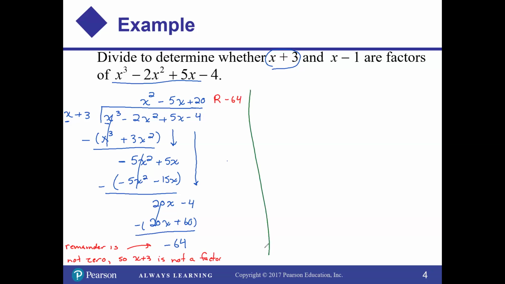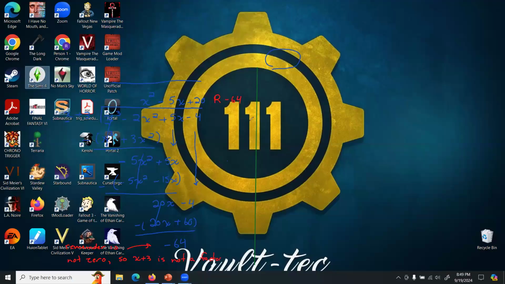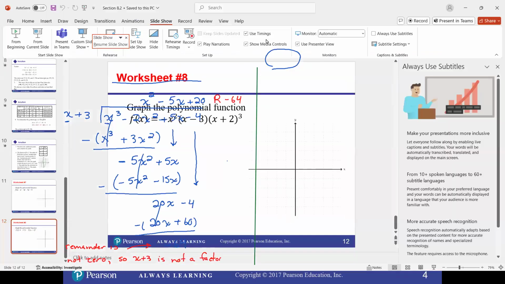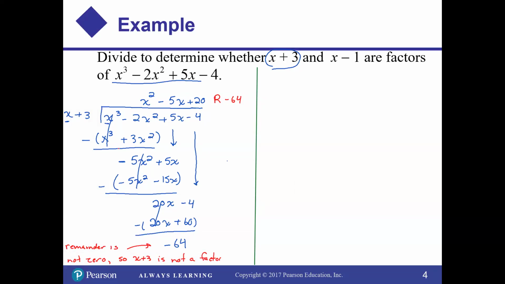Okay, so now we're going to do this again, but with our other factor. So the same polynomial here. Let's just put some dots again.